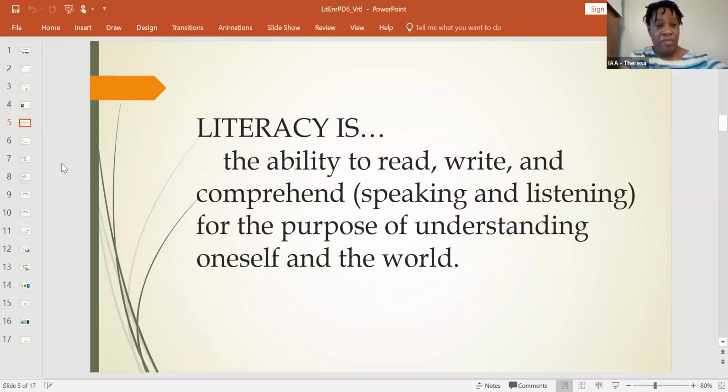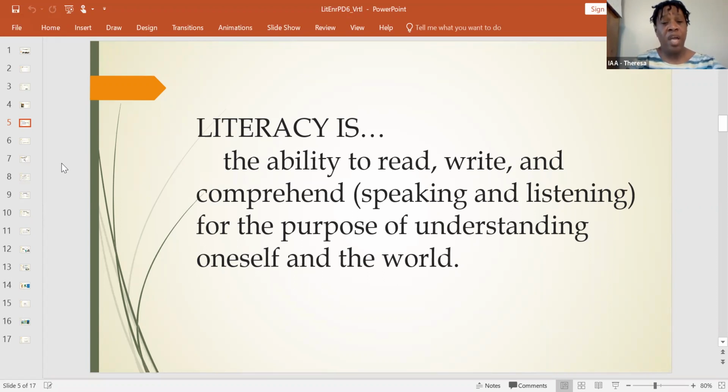So just kind of going back to what we talked about at the beginning of our sessions, we talked about what literacy is, and we actually talked about the evolution of literacy today. We had talked about it was the ability to read and write, but now as it has evolved, according to practitioners, researchers and educators, there's another piece that is getting added to that, and that's the comprehension piece, and really the speaking and listening piece.